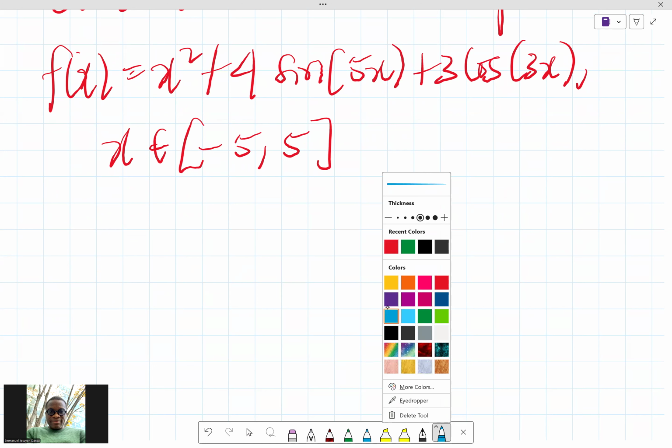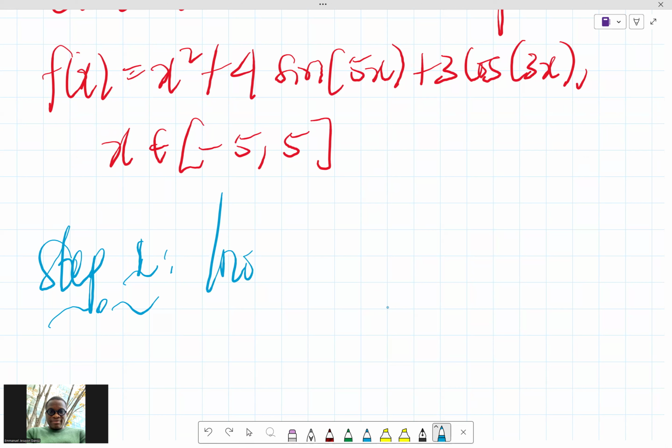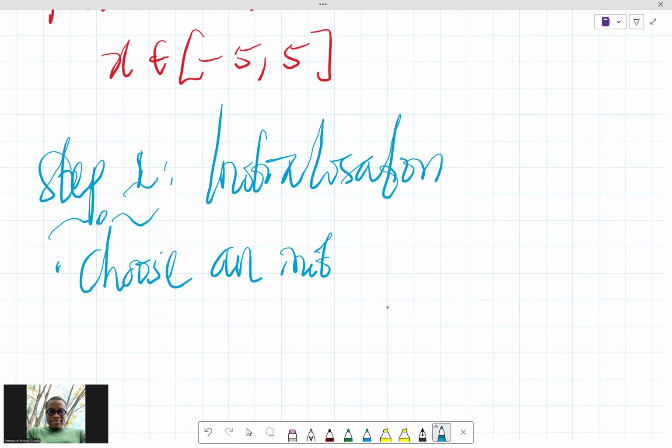Let me go for this. Step 1, as usual, is initialization, just like what we saw now. Here you choose an initial solution X naught equal to 3.